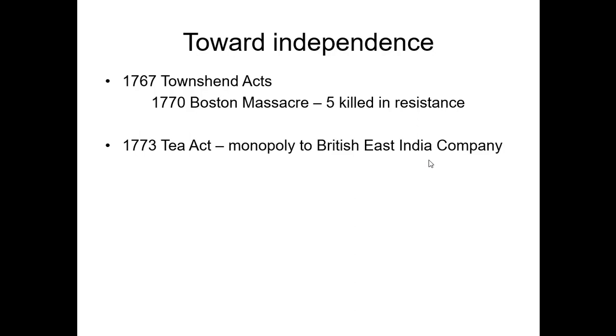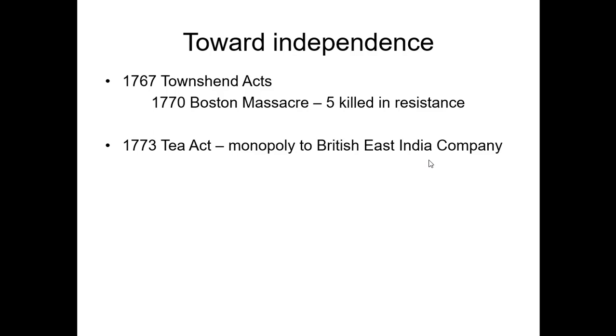The 1767 Townshend Acts, a reaction to that, also provided additional duties on several other types of products. This led to an uprising in Boston, which led to the Boston Massacre, in which 5 colonists were killed in that resistance.